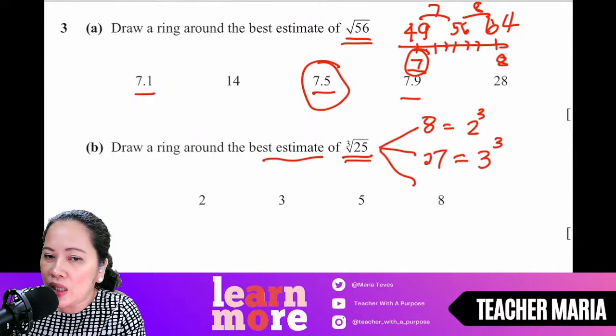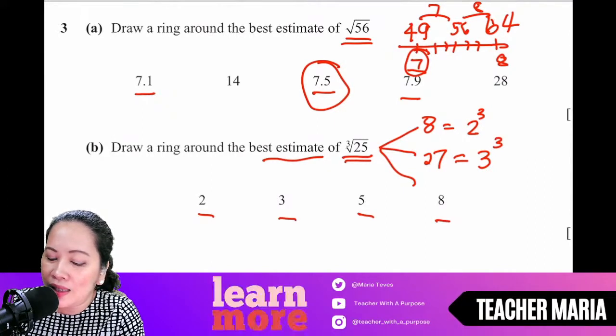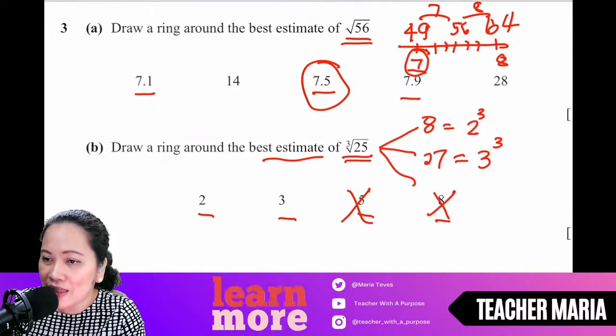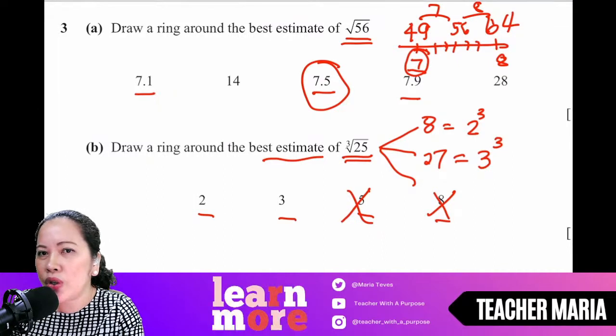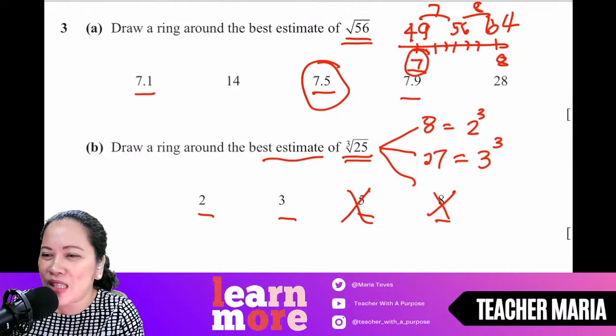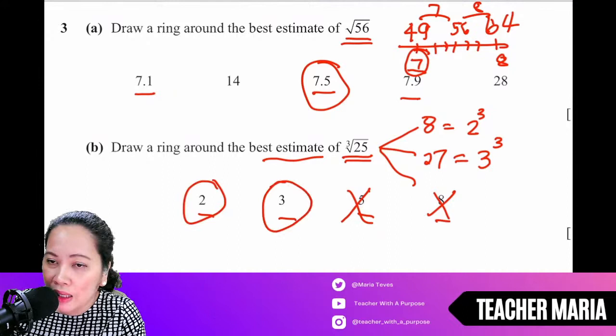Now, what you have here is a 2, a 3, a 5, and an 8. Technically, 5 and 8 are not an answer. So by the way, when you do your test, you have to take out those that are obviously not the answer. Okay? So you are down with 2 and 3.